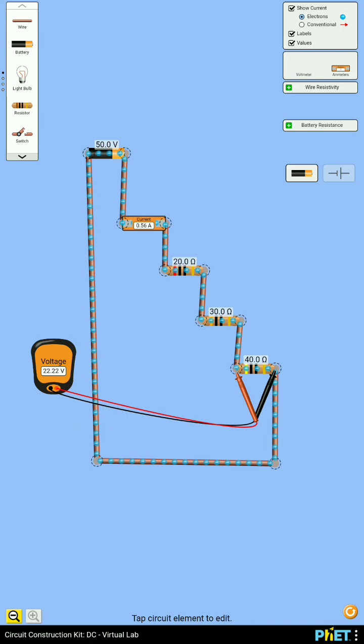The addition of three voltage drops is equal to 50 volt, which is equal to the source EMF.